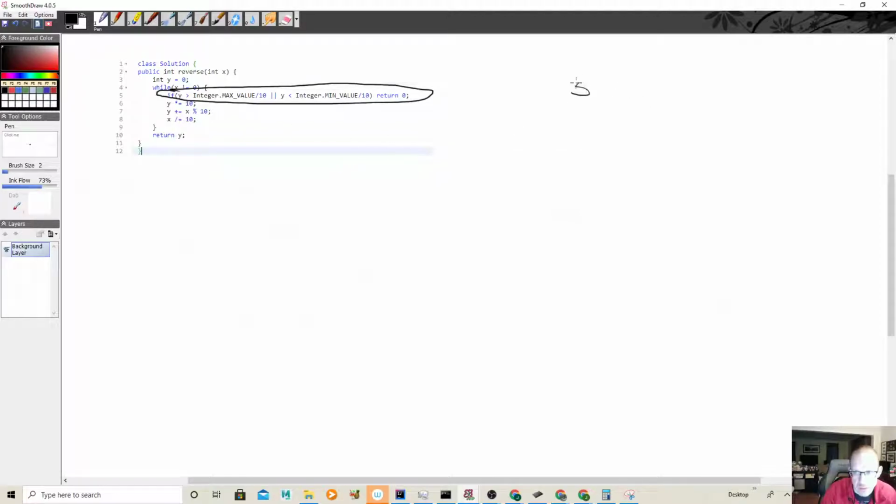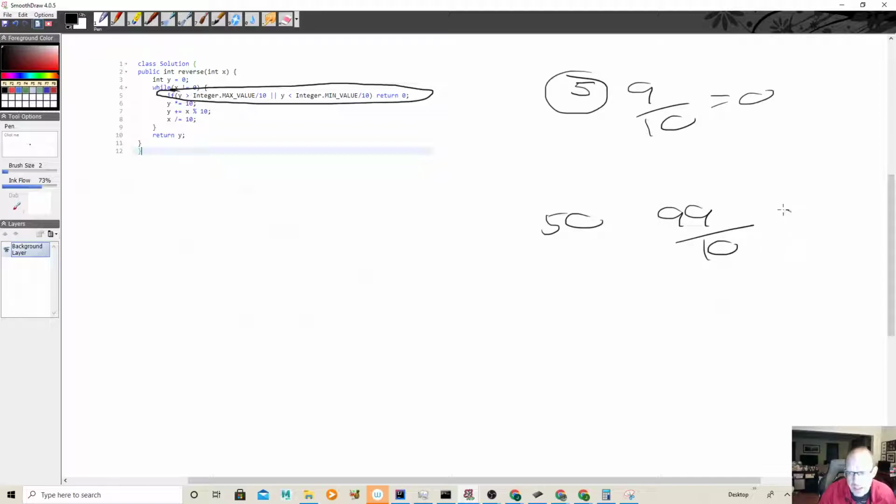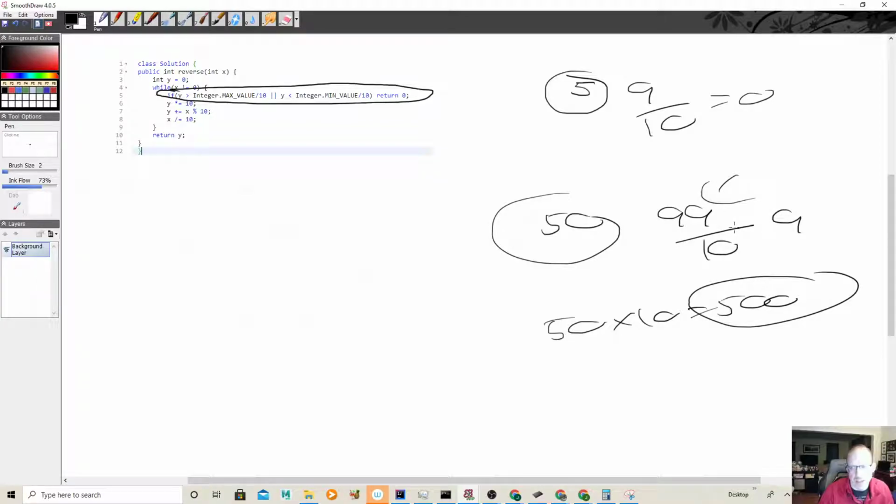For example, if I have 50 and let's say the maximum number is 99, I divide it by 10, that's 9. Yes, 50 is greater than 9, so if I multiply 50 by 10, I get 500. Right? 500 is way bigger than 99. That means I'd get overflow. So this right here is catching the overflow.